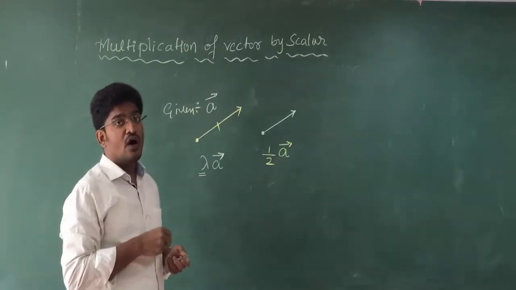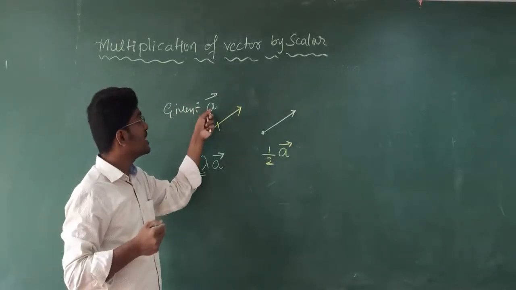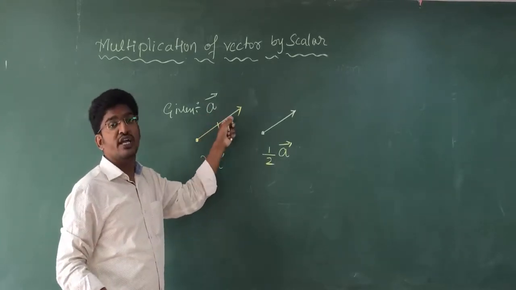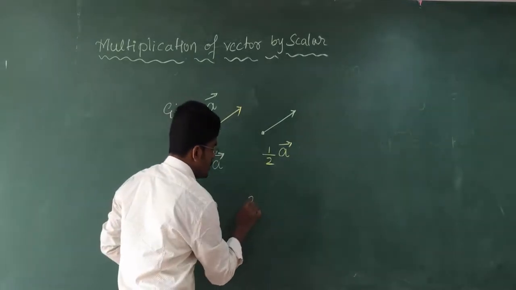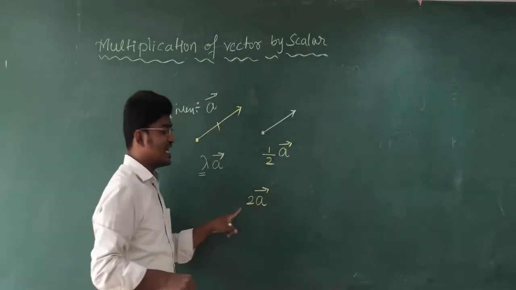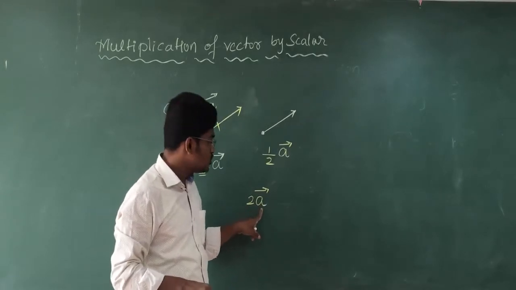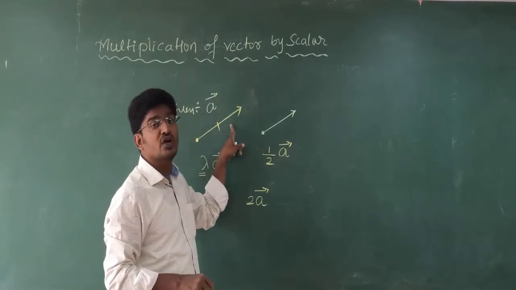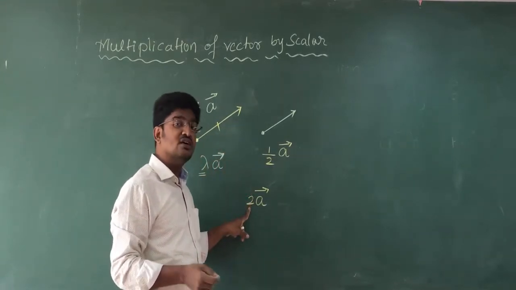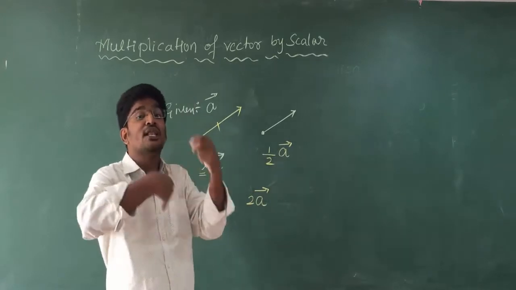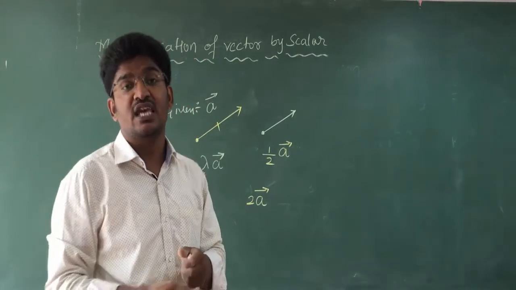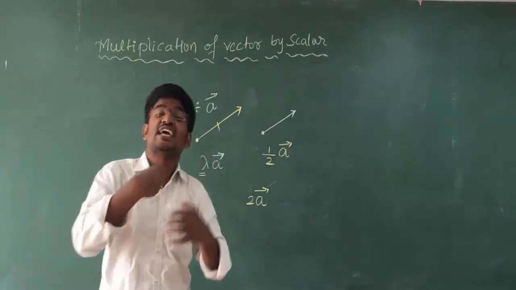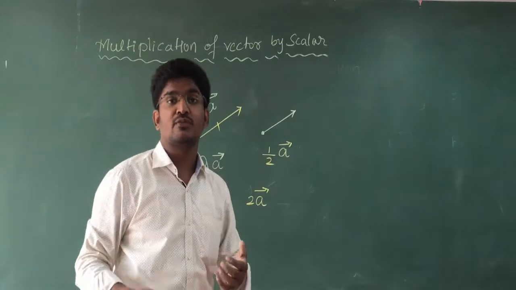Clear? Now I will multiply the given vector A with 2. What happens? Already it has 2 units. If I multiply a scalar number 2 to vector A, what is vector A? Vector A already has 2 units. If I multiply it with 2 again, it should be the double of the original vector. The original vector with 2 units has to increase its length to double.